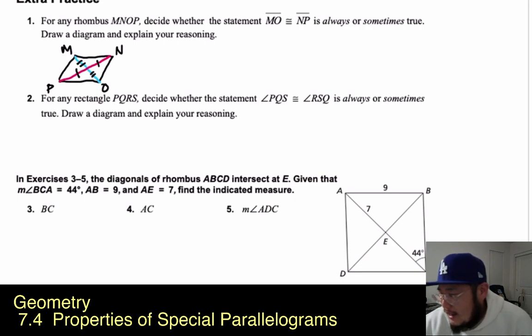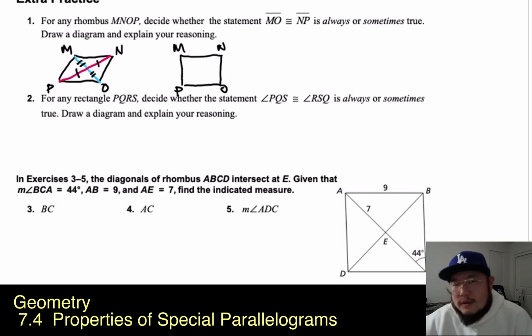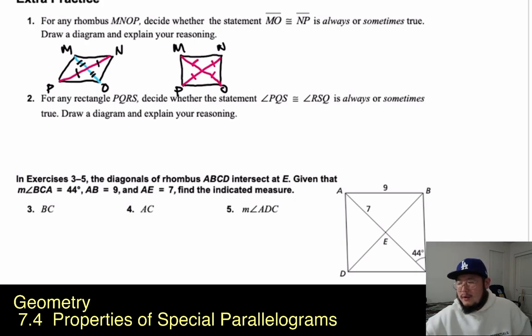Now, if I drew this as a rectangle, or something like so, we have M, N, O, P, then in this instance, yes, that would always happen, but that's not the case. So I gave a counterexample to this, proving that it's not always congruent. And so right here, we can go ahead and say that this is sometimes.